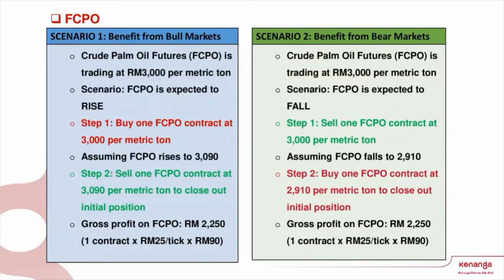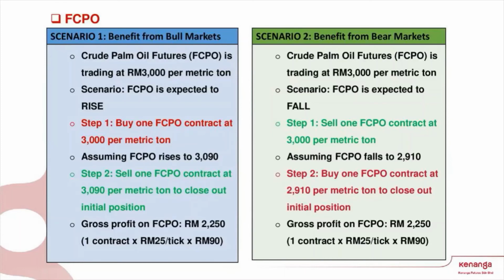On the left-hand side, you have the scenario where market conditions for FCPO are bullish and you expect prices to rise. The first step is to go long with a FCPO contract currently priced at 3,000 per metric ton. If your expectations were right and FCPO rises by 90 points to 3,090, you close out your initial long position by selling the FCPO at 3,090.